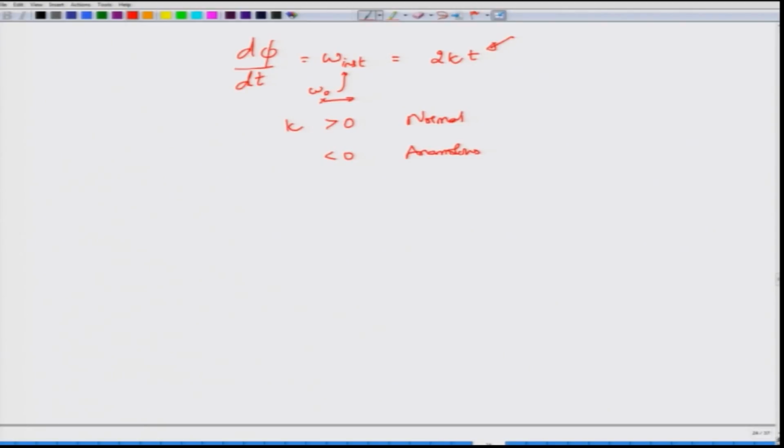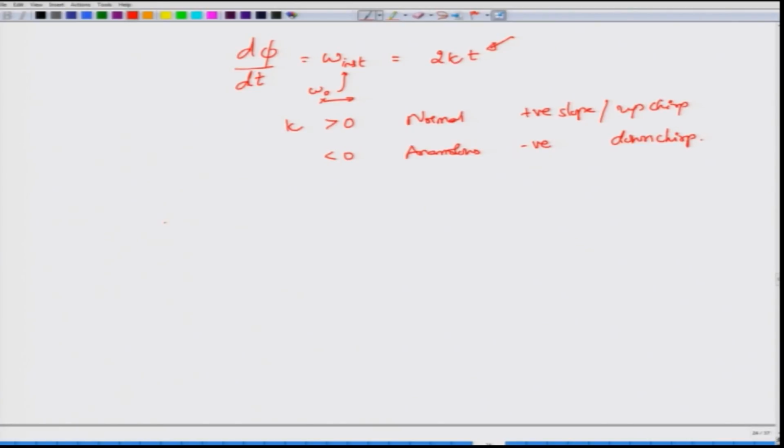Therefore, in normal dispersion, kappa is positive, so we have a positive slope, sometimes called up chirping. Chirping is a phenomenon wherein the phase of the pulse depends on the pulse time itself. So across the pulse the phase changes, and for the case when kappa is less than 0, you have what is called the down chirp.